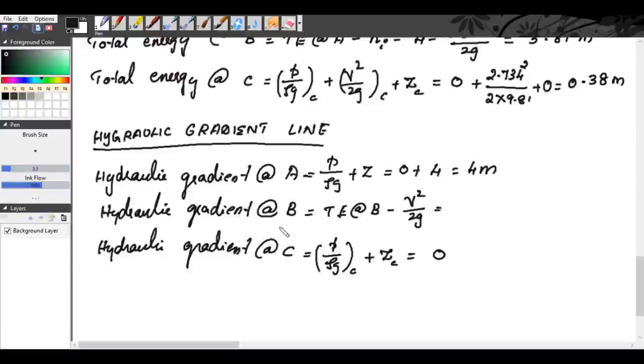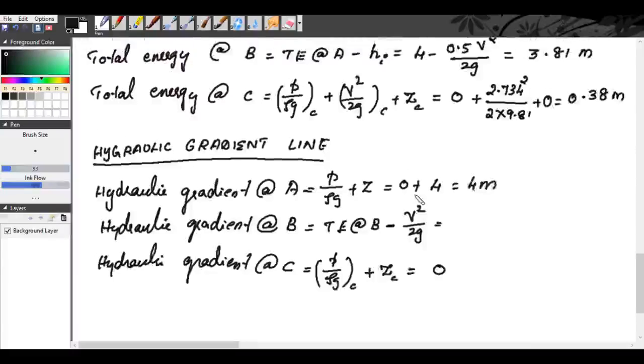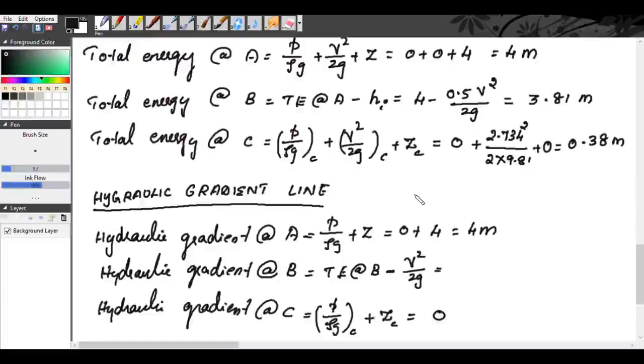Now at B, it is total energy at B minus V square by 2G. So 3.81 minus V square is 2.73.